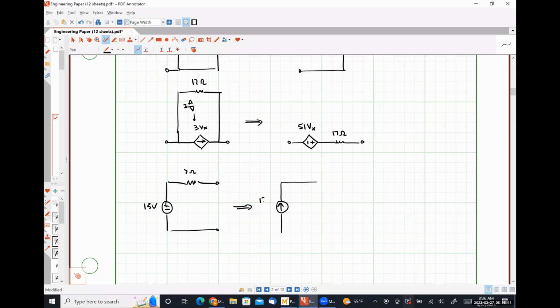So this would be 15 over 7 in parallel with 7.